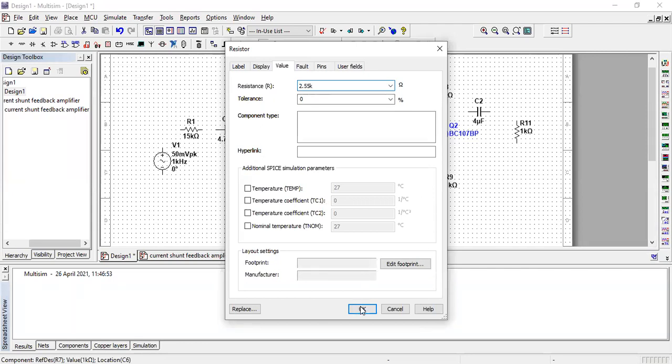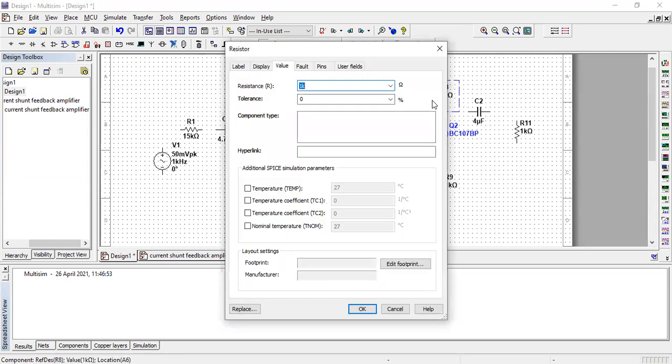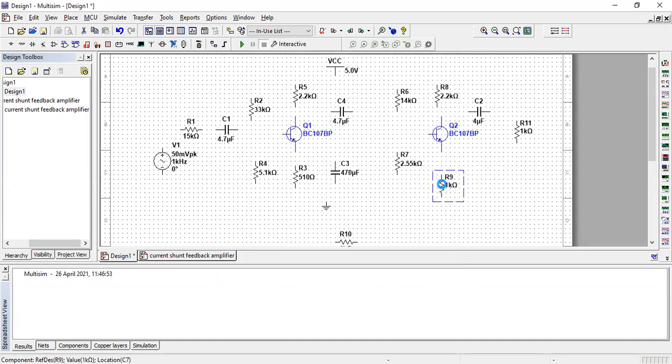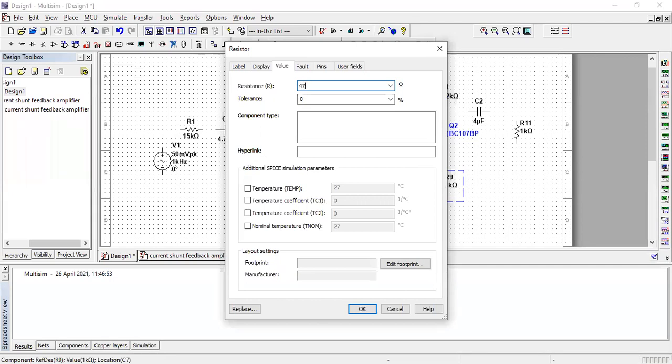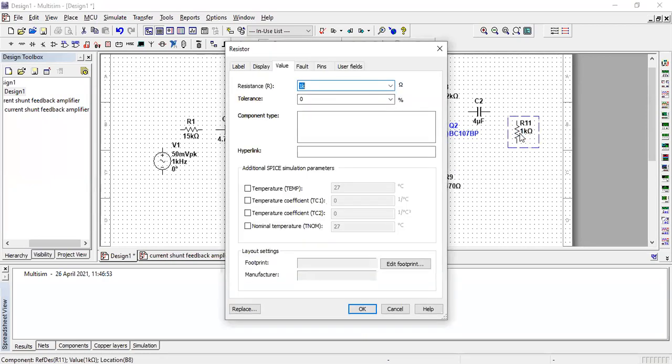Okay, good. What about this one? It's 2.2K. Okay. What about this one? It's 470 ohms. Okay. What about this one? Load resistance? It's 22K. Okay.